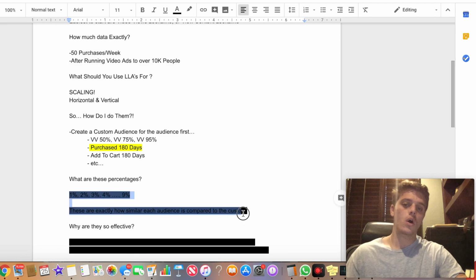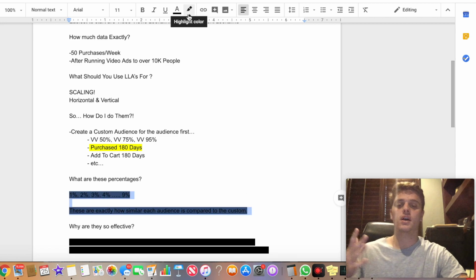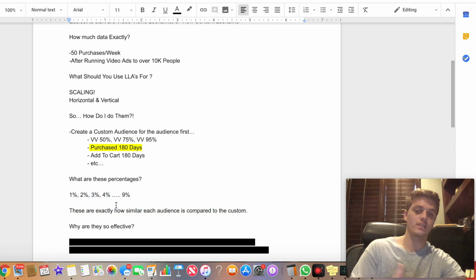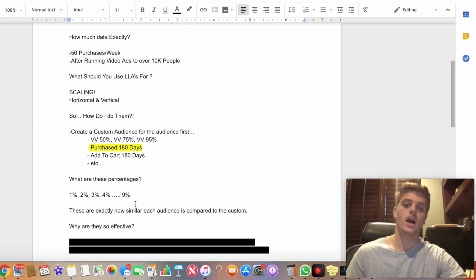So what are these percentages, right? You go and create these lookalike audiences, and then it says percentage, 1 through 9% usually. You have 1%, 2%, 3%, 4%, and so on up to 9. What these percentages mean is exactly how similar each audience in that lookalike is compared to the custom ones it's modeled after.